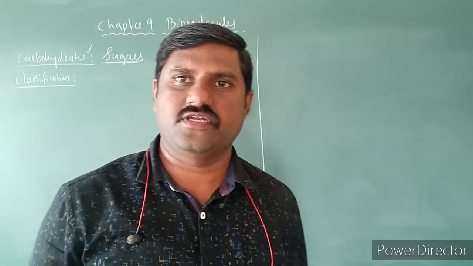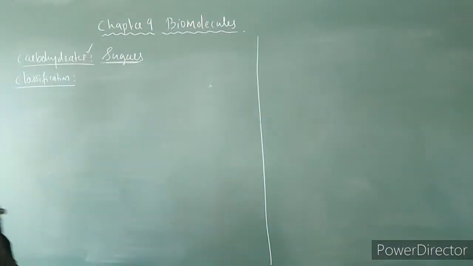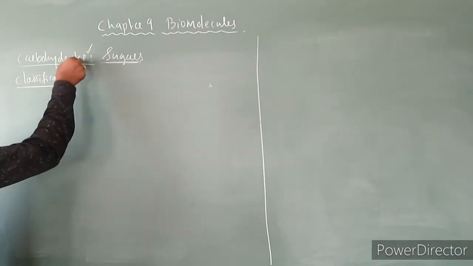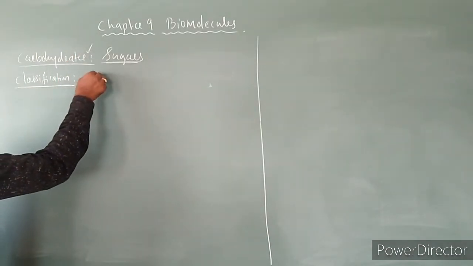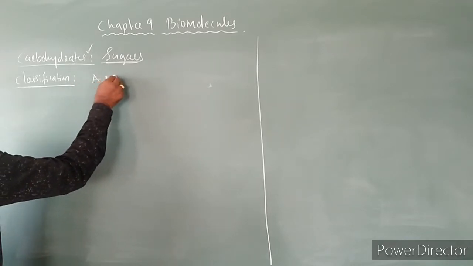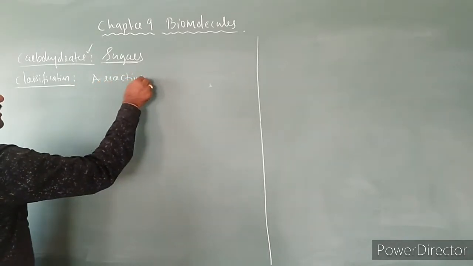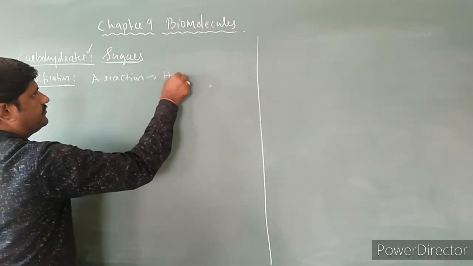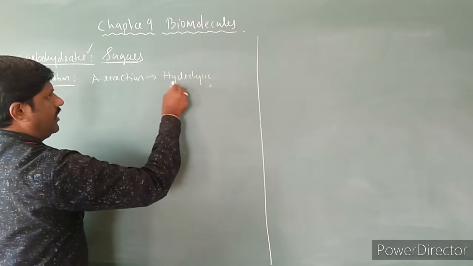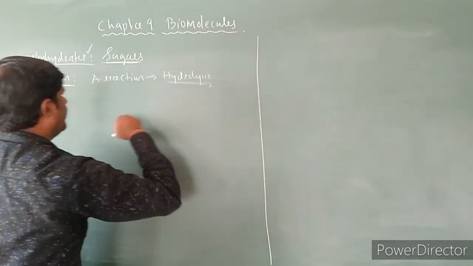Now, the classification of these carbohydrates. To understand the classification of these carbohydrates, there is a need to understand a reaction, and this reaction is called hydrolysis. Hydrolysis reaction means what?